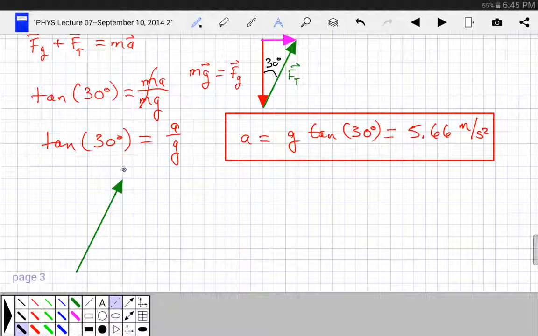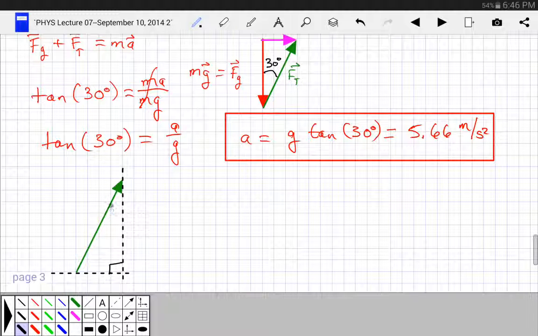So I always take one line parallel to one of my component directions, one line parallel to the other, and make them so one starts at the beginning, one starts at the end, and they meet to form a right angle.